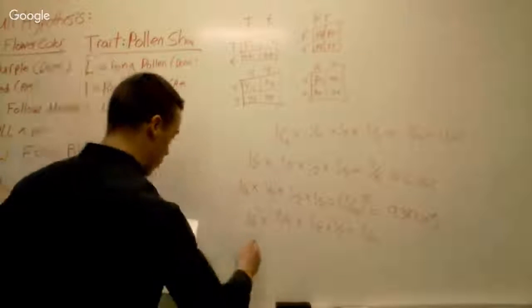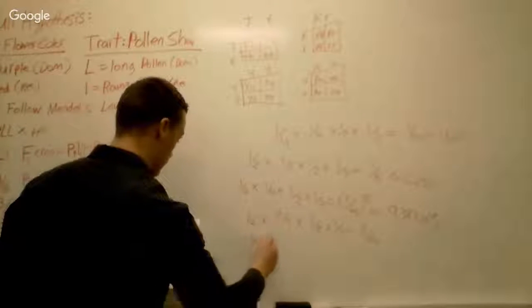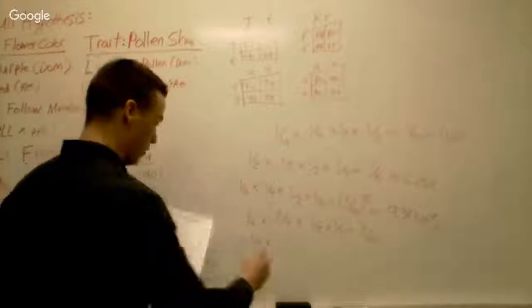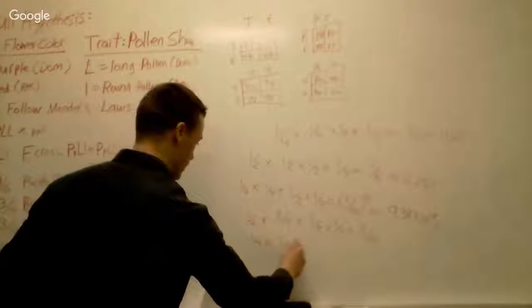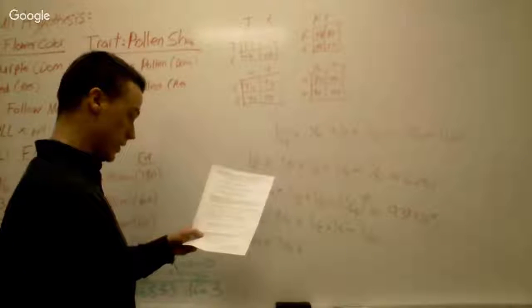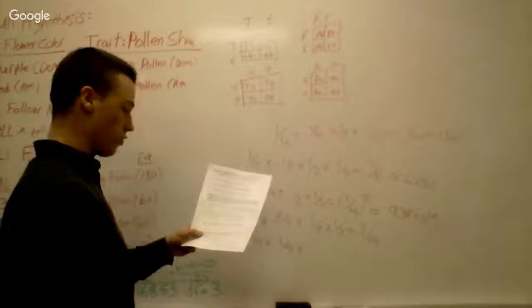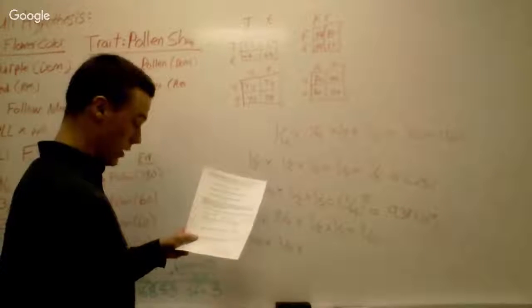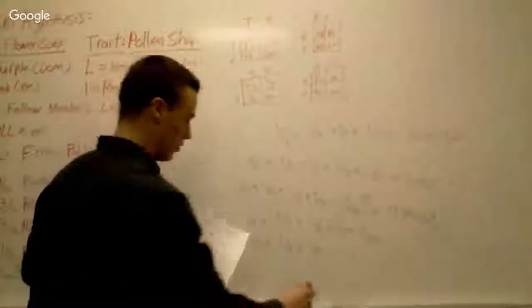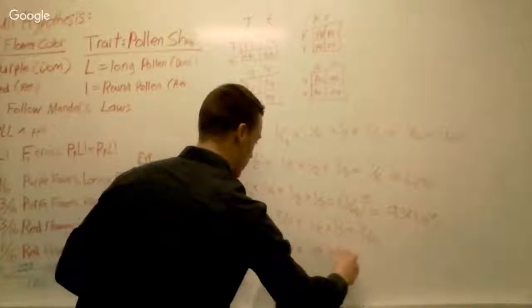Then for the second phenotype, dwarf is again 1/4. Then wrinkled is 1/4 because it's the recessive. Now it's asking for green, which is 1/2, and terminal is also 1/2.